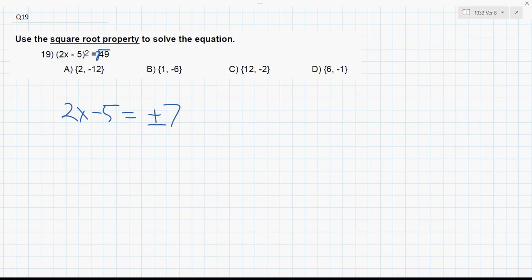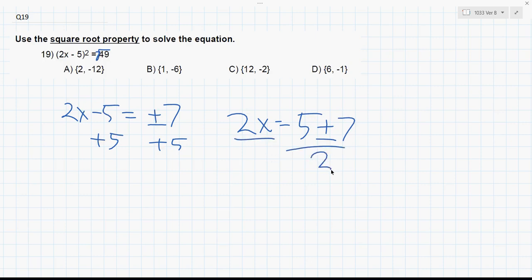And if we did the math really quickly from there, let's just add the 5 to both sides, giving us 2x equals, and we could split the equation here, but I'm going to keep it going. So we're going to say 5 plus or minus 7, which then we'll divide both sides by 2.